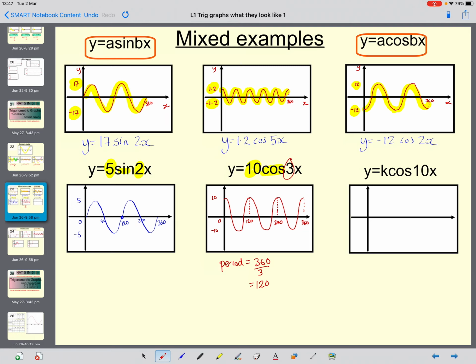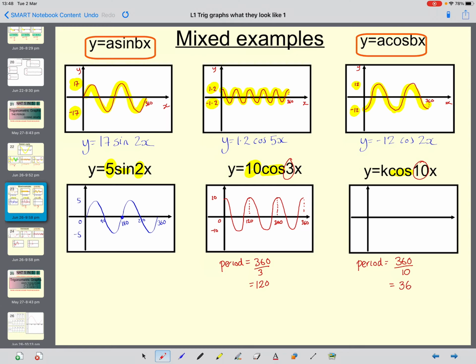Now the next one, again it says cos, so I know it's a cos graph, and it's asking me to draw 10 of them, which is quite a lot. What if I didn't draw 10 of them? What if I just drew one cos graph? What would the period of one of them be? We know it's 360 divided by 10. I made it quite easy here by using the number 10.